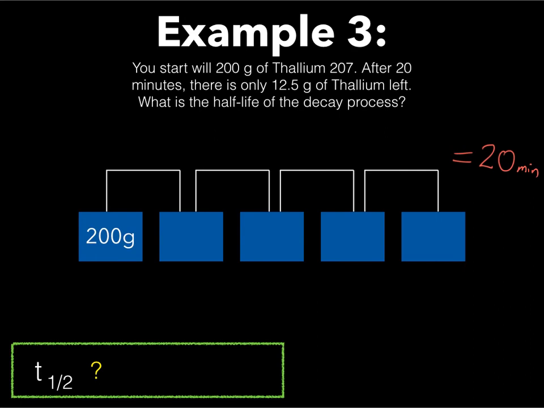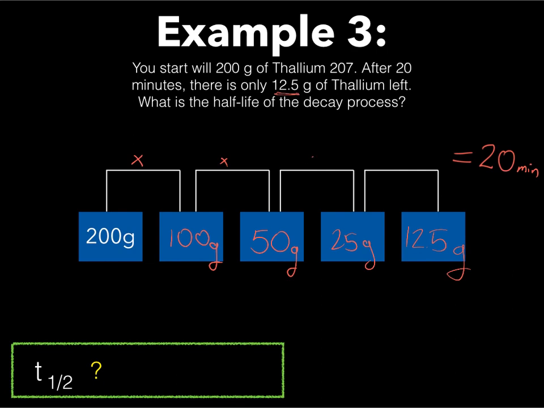Let's start by cutting this sample in half. After an X amount of time, we know we have 100 grams of the sample left. Another X amount of time, 50 grams, and then 25 grams. And then lastly, we have 12.5 grams left, and that's how much is given in the problem.